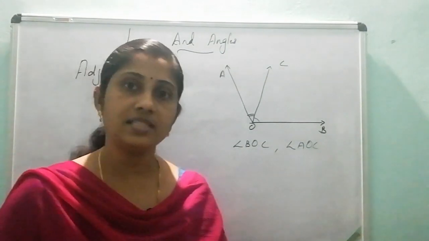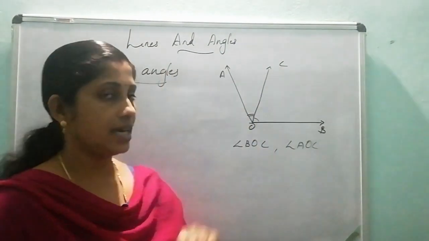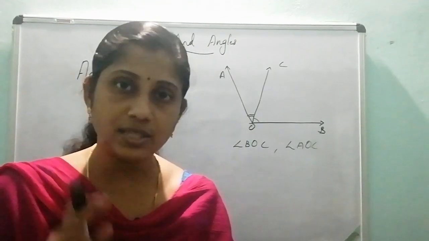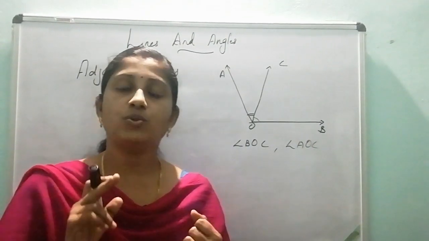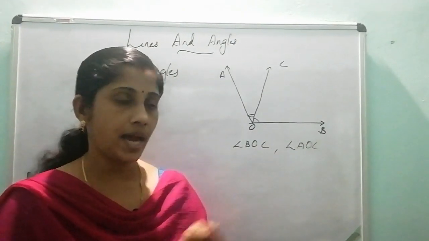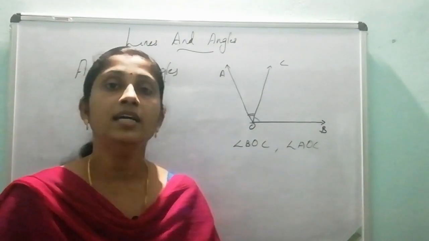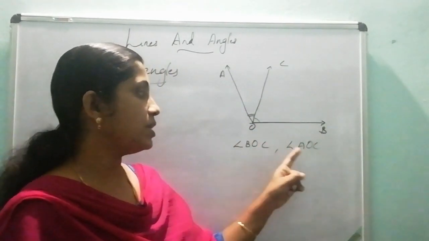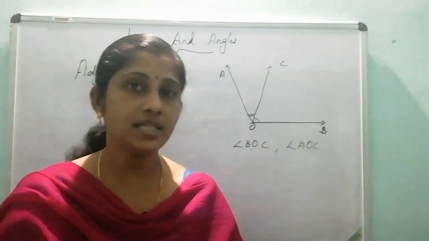Then only we can say that these two angles are adjacent angles. Once again I am repeating, two angles are said to be adjacent angles if they have a common vertex, a common arm, and the non-common arms are on the different sides of the common arm. Then we can say that angle BOC and angle AOC are adjacent angles.